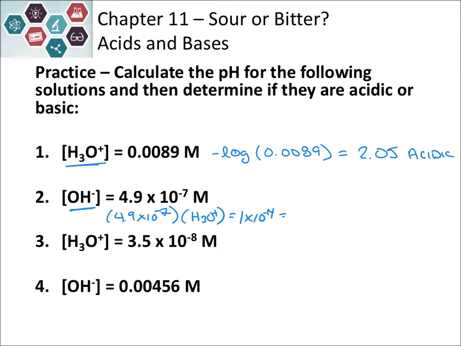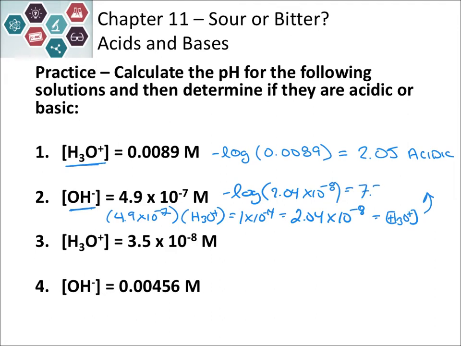If you solve for that, you should get 2.04 times 10 to the negative 8th, and that's your hydronium. Now this we can plug into the negative log. So negative log of 2.04 times 10 to the negative 8th is equal to 7.7. So our pH is just a little bit above 7, so it is considered basic.